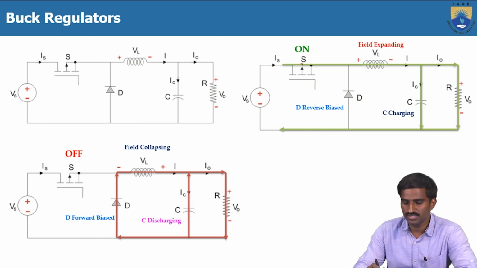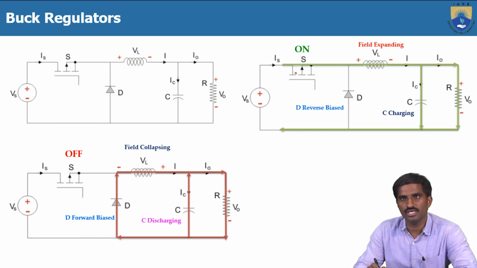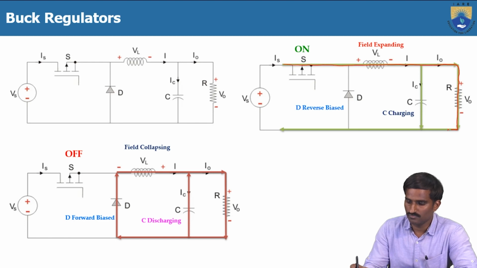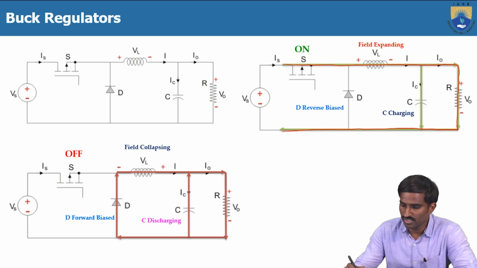In the first case, we are turning on the switch S. During this time the load current will flow in this way, as I have indicated with this green line, through the load, and at the same time the capacitor will also get charged, because the same input current flows. Some of the current will flow through the load, which is called I0, and some of the current will flow through the capacitor, which is called IC.